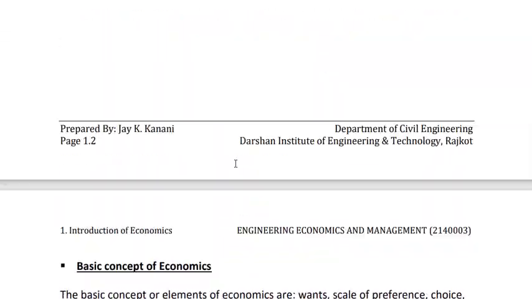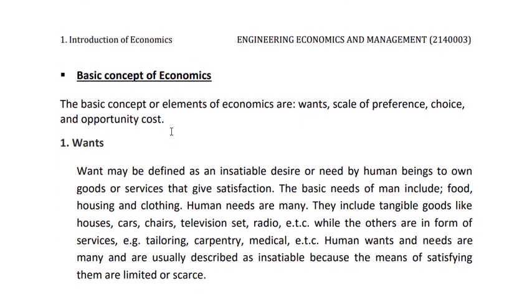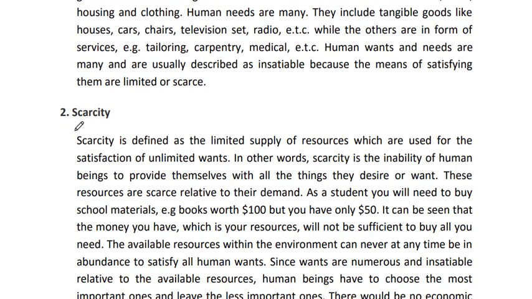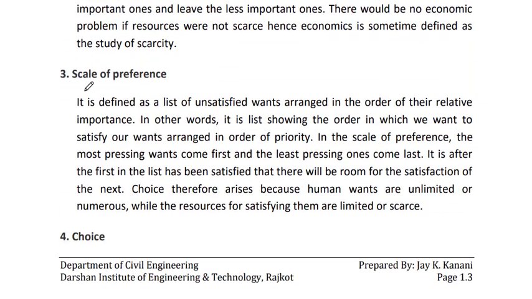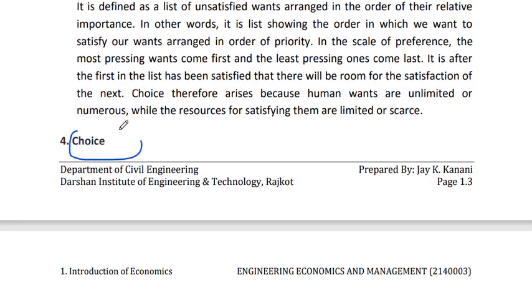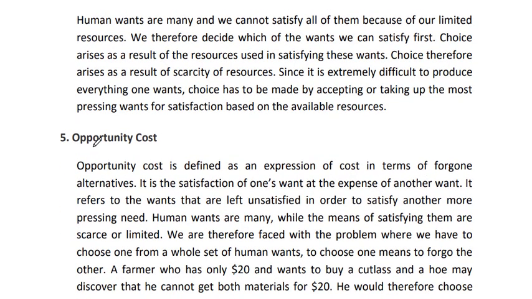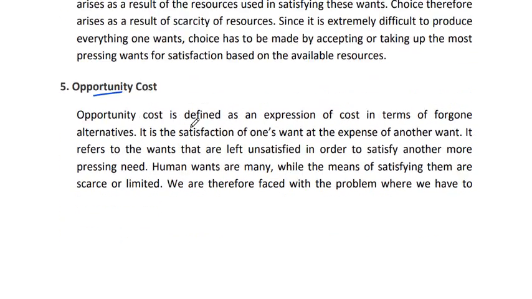There are mainly 5 concepts: human wants, scarcity of objects or production, scale of preference, how we scale the preference or available choices, then choice of alternatives, selecting an alternative, then opportunity cost.